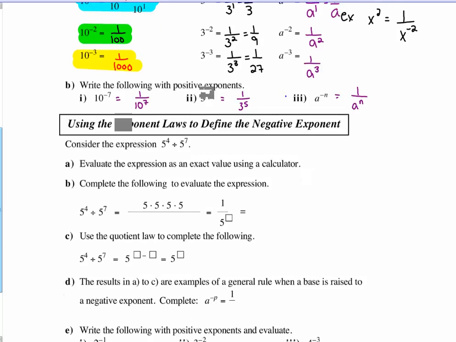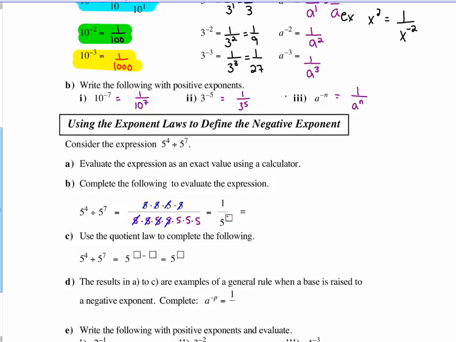Okay, so we looked at this today in an example. Remember this example? If you have 5 to the 4 divided by 5 to the 7, that would be 7 5s we need to write on the bottom. 4, 5, 6, 7. When they reduce, we're left with how many 5s? 4 of them cancel, we're left with 3 on the denominator.